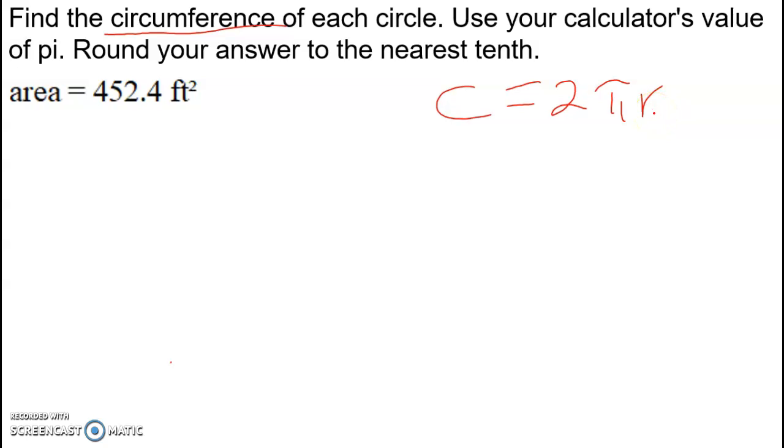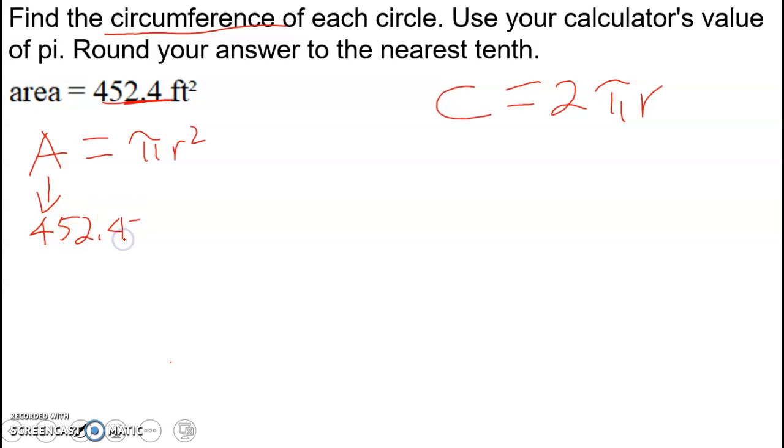So we go now to find the radius. We look at what we are given, which is area. We start from what is given and see how we can find radius from it. What's the area of a circle? Pi radius squared, right? That's the formula for area. So we can substitute the number here for area: 452.4 equals pi radius squared.